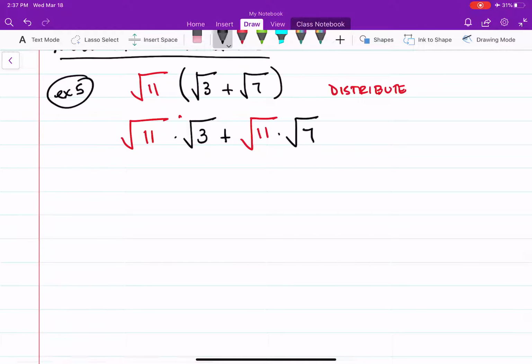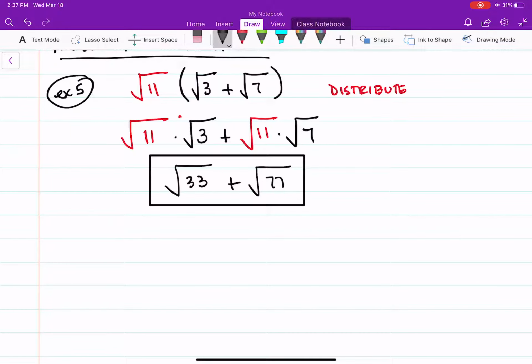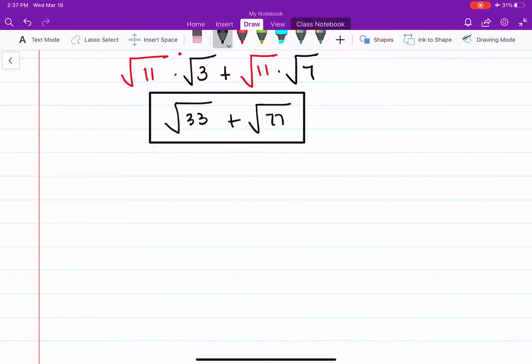And since they're all inside the house, I have square root of 33 plus the square root of 77. And if I was to try to break these down, I won't be able to. I'll get 3 times 11, which is 33, which they're both prime, so therefore that doesn't break down. And then I have 11 times 7 for 77, and those two are prime, so those two don't break down anymore either. So that is completely done, okay?